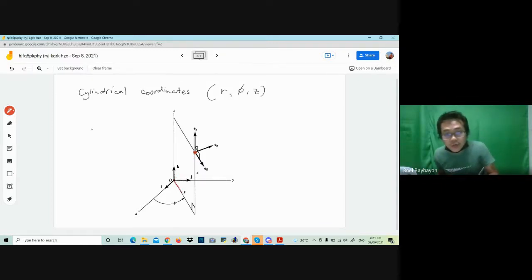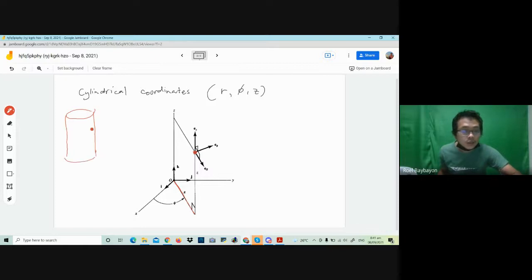It is just a projection from the origin to the point, projected onto the xy plane. It is called cylindrical because its form is like this. Draw a cylinder.